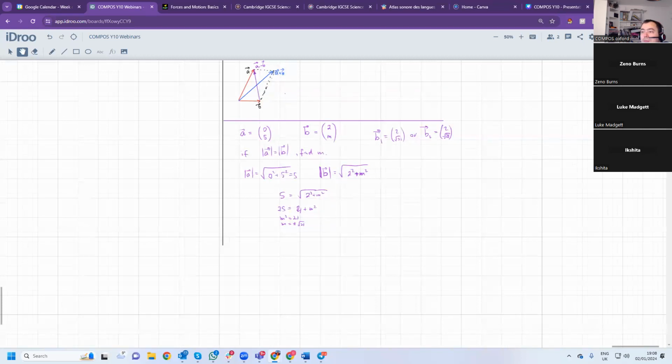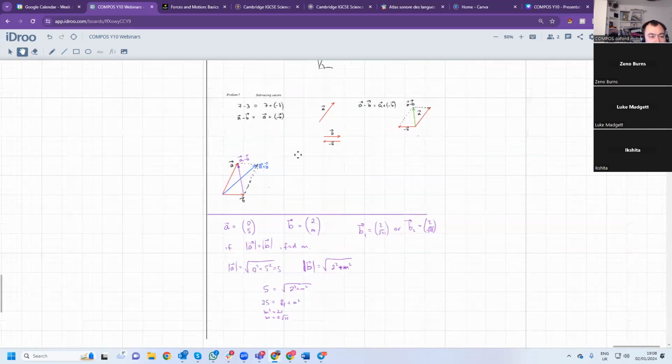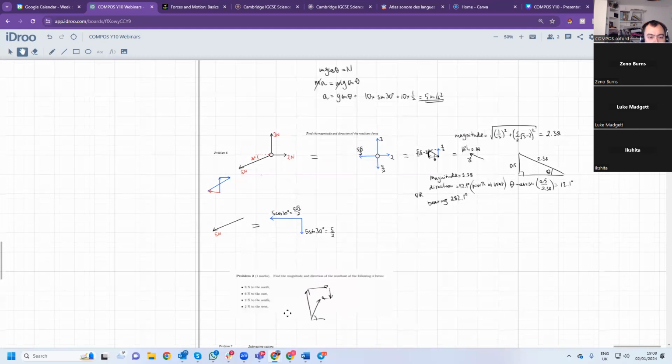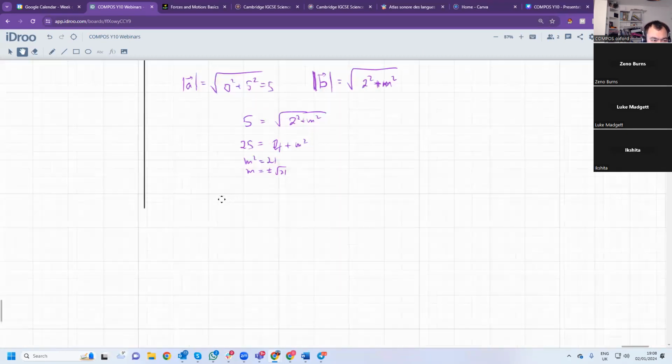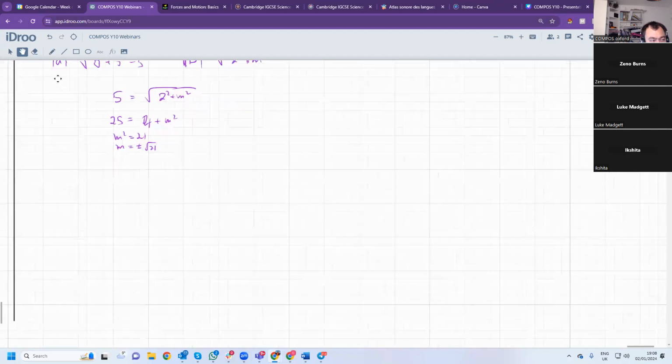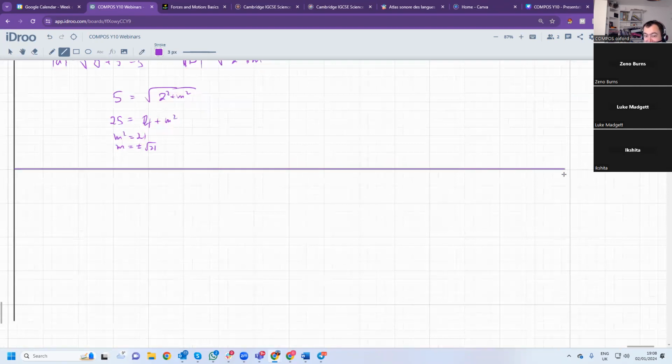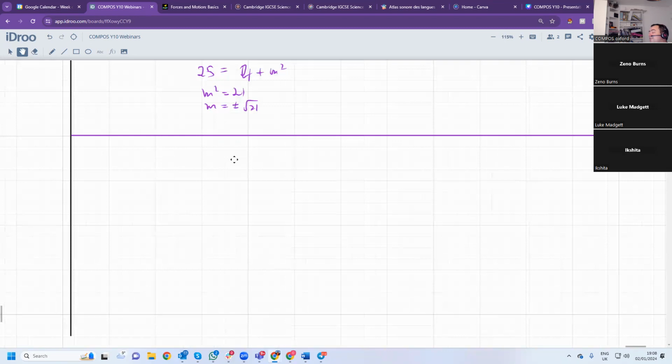I don't know if I should be talking about the scalar product. Why not? Let's introduce the scalar product of two vectors. Fundamentally, you need to understand that there are things that are vectors and things that are not vectors.